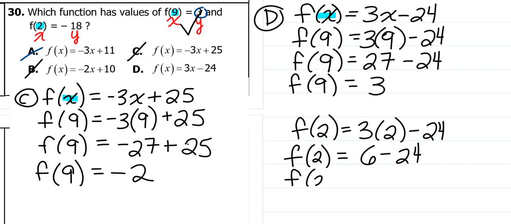F of 2, I'm going to get a negative because 24 is larger than 6. And now 24 minus 6 is negative 18. And that's exactly what we wanted to get for the second input of 2. So it works for both inputs. When you input 9 or when you input 2, you get the corresponding output that they wanted. So the answer is choice D.